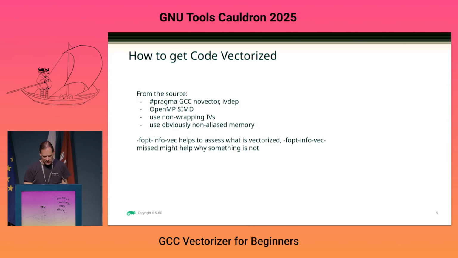So what you can also do is not rely fully on the compiler, but annotate your source. There are only very few pragmas in GCC that you can use to guide the vectorization. In particular, you can now tell GCC to not vectorize a particular loop, because it happens that vectorization can make code slower.